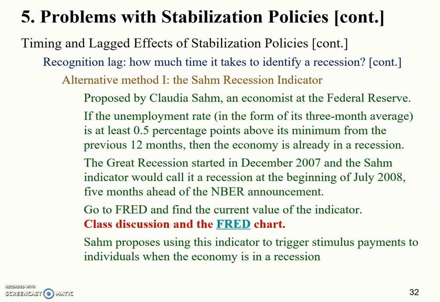In other words, if in just one month the economy all of a sudden lost a lot of jobs, so the unemployment rate shoots up substantially, then even when we take the 3-month average, the average rate is still much higher than the minimum from the previous 12 months. So that single month of a substantially higher unemployment rate would help us identify the recession.